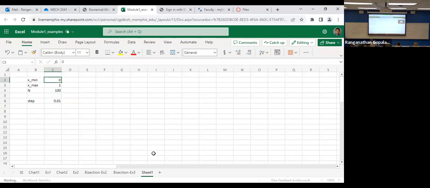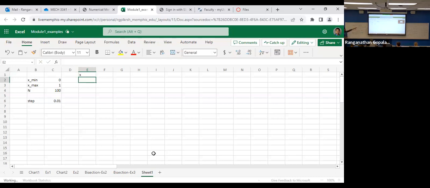And then I'm going to have a counter, okay? Actually, I don't even need a counter. I'm going to say X. What is my first value of X?